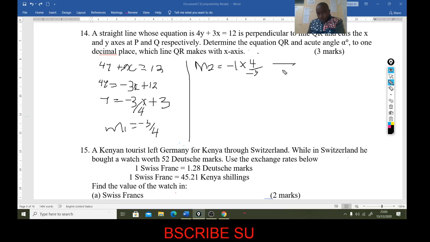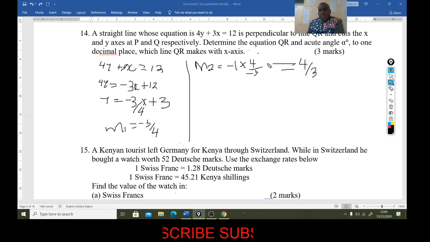Negative and negative will cancel to get positive 4 over 3. Positive 4 over 3 is my m2. So the gradient of QR is 4 over 3.